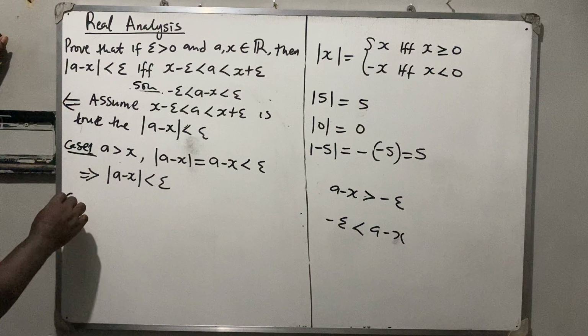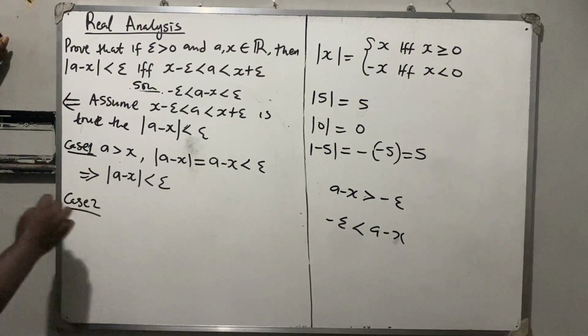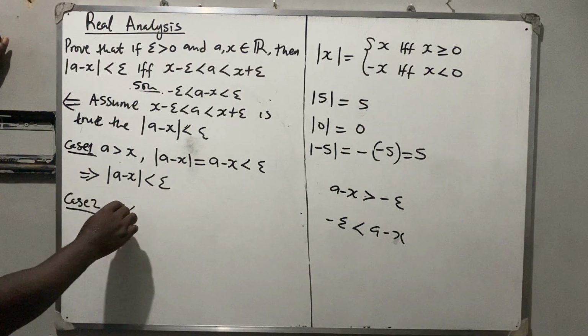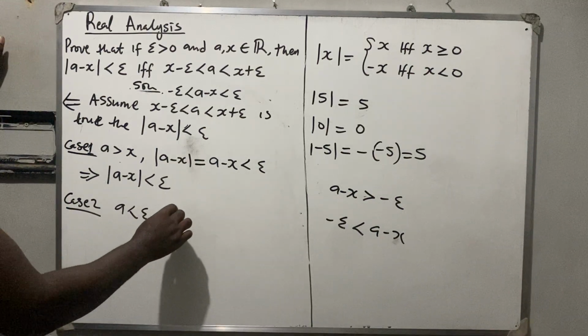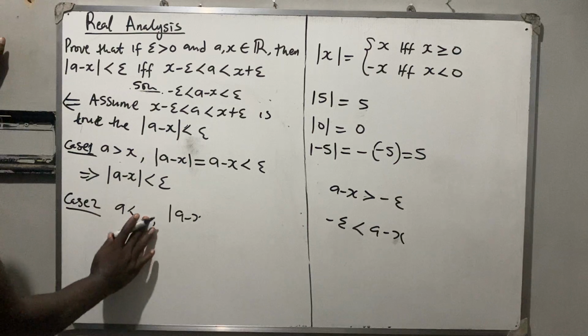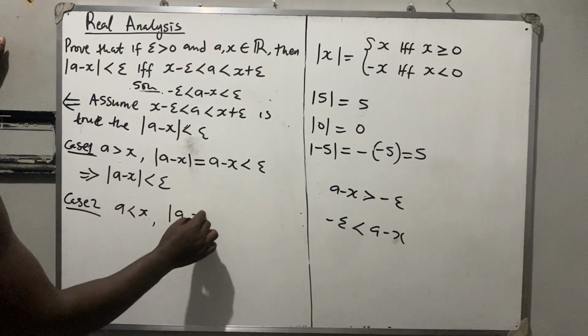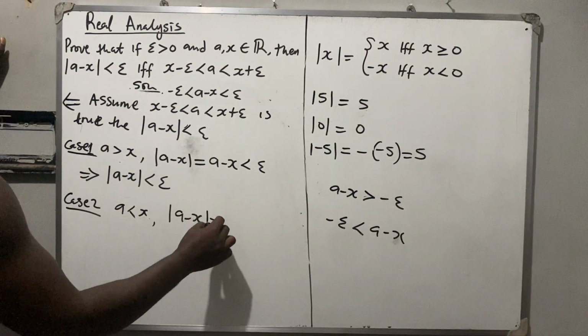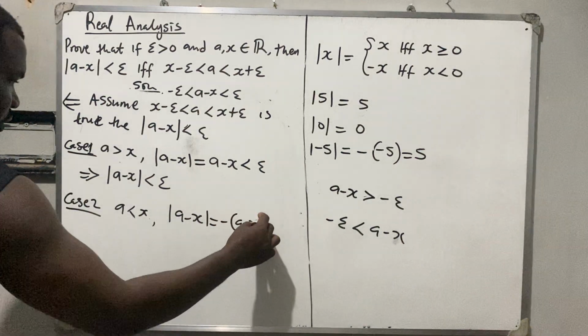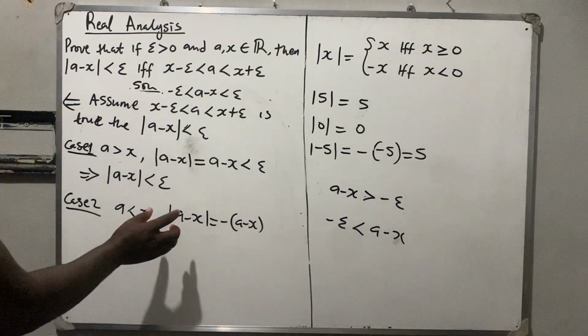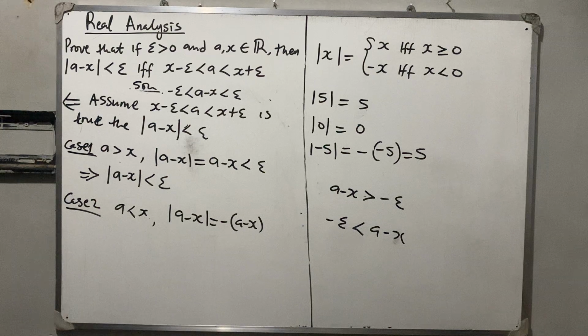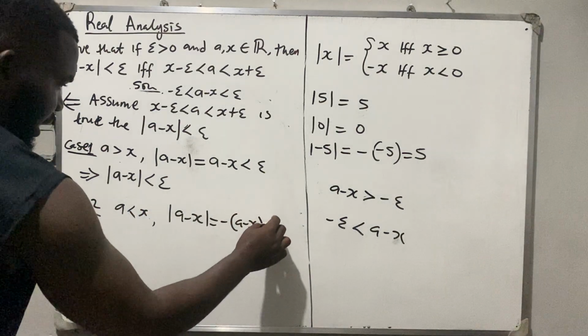Now for case 2, we have that a is less than x. The absolute value of a minus x here is now negative, so it's going to be the negative of itself, and this is going to be less than epsilon.